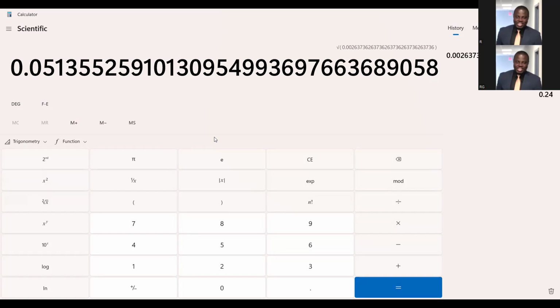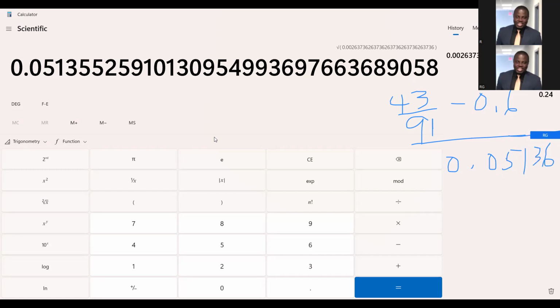So my bottom part, remember you could pause this video or go back. I have 43 over 91 minus 0.6 over 0.05136, like that. Now I'm going to concentrate on the top.